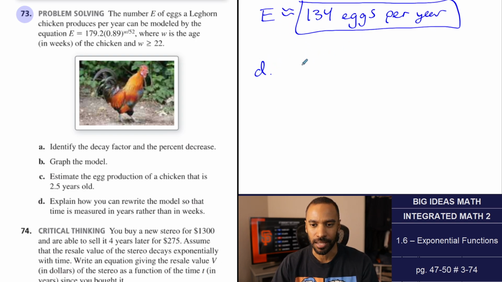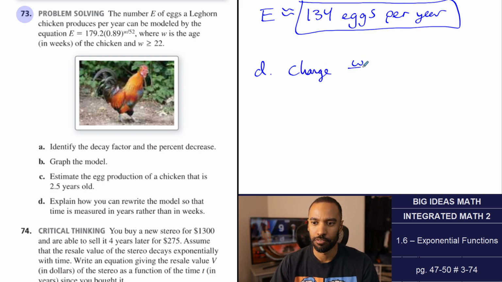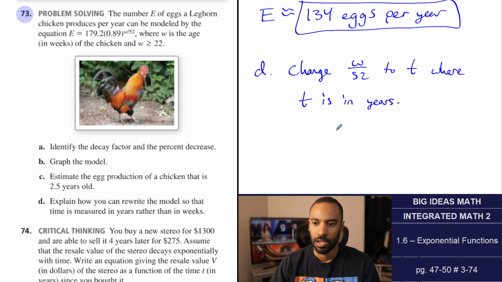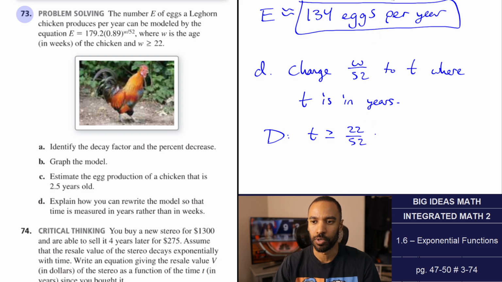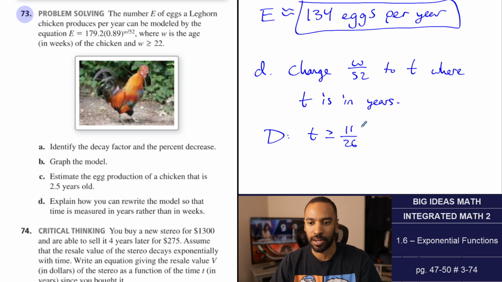So on part D, I'll just say you change W over 52 to T, where T is in years. And now the domain is T is greater than or equal to 22 over 52, which can also reduce to, divide those by 2, 11 over 26. I mean, that's just a way of writing the fraction there.